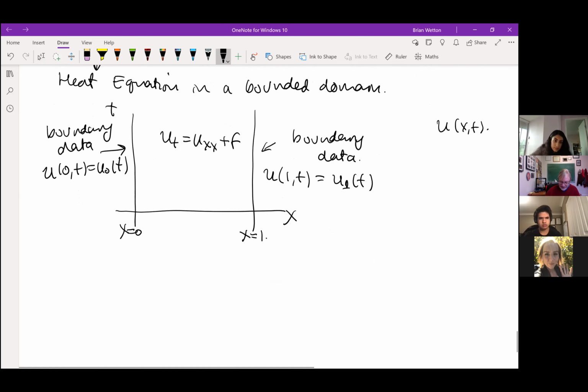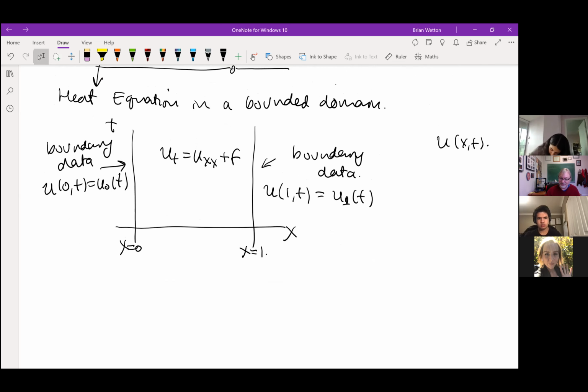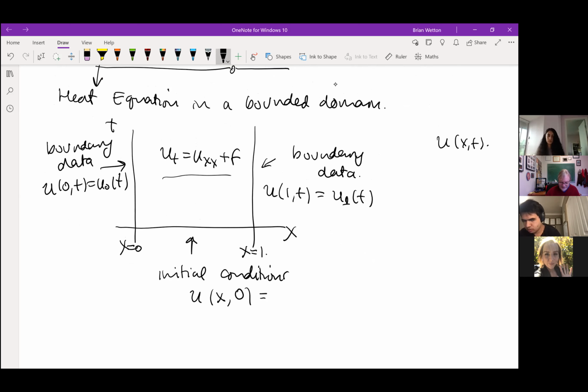And of course, it's a time-dependent problem, which means you have to give initial conditions. This equation is describing how the temperature changes in time, but you have to know what the temperature was at the beginning, right? So you also need initial conditions. So I have to tell you that U at all values of X at time 0, that also has to be given. And sometimes I call it U0, but now I've already used that. So now I have to think of something else to call it. I'll call it, what will I call it?